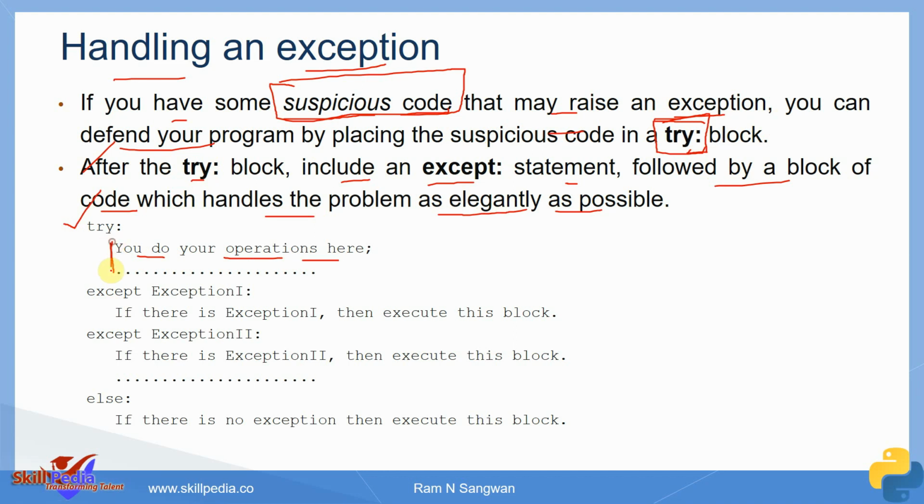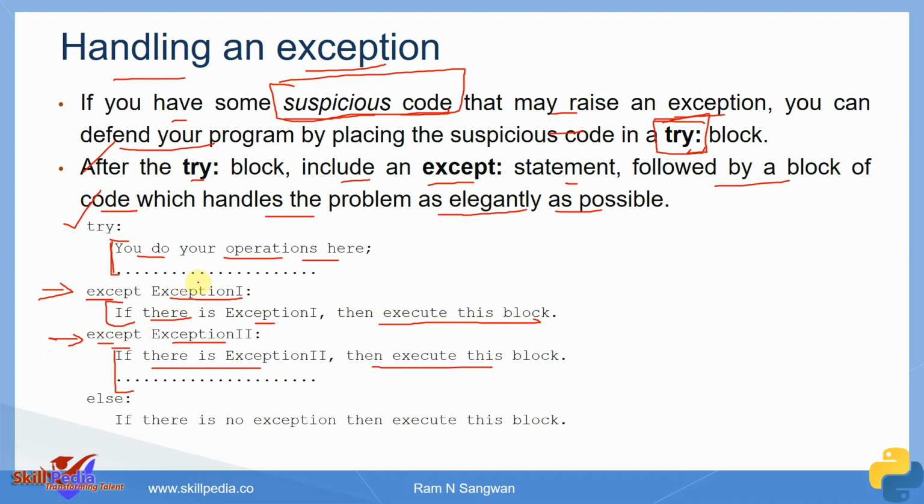Whatever programs you have done, you can put them inside this place. And then except, exception 1. If there is exception 1, then execute this block. You can specify multiple statements here. If you feel there may be another reason, you specify another one, except exception 2. If there is exception 2, then execute the block specified here.